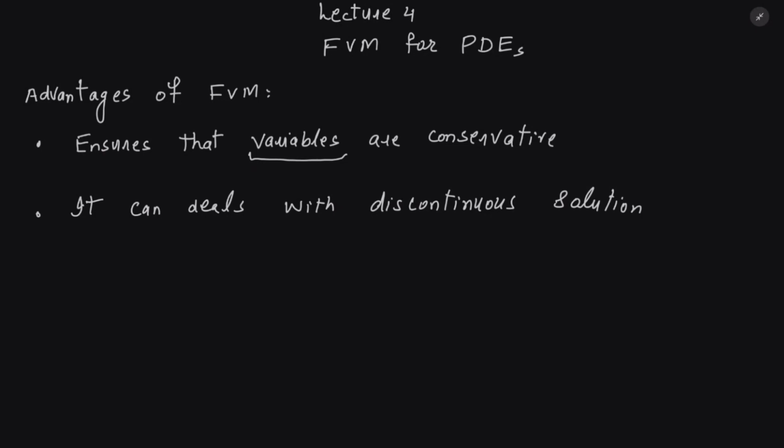And this was actually the point where scientists invented finite volume method, since it can deal with shock waves, for example. So this is one of the plus points of finite volume method.